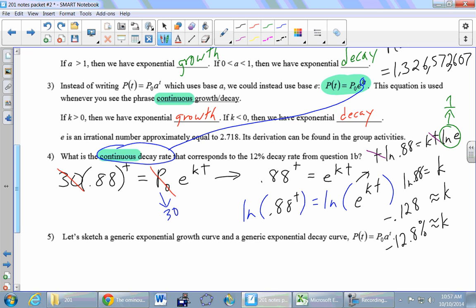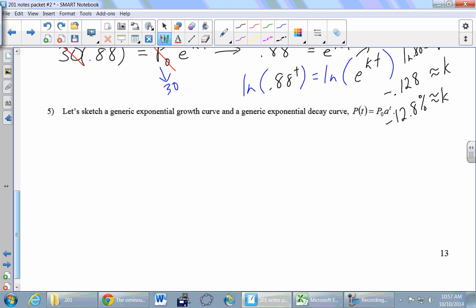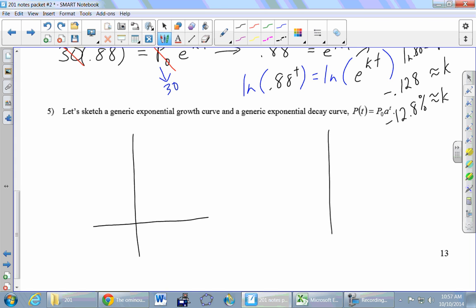Okay, and then finally, before the activity is number 5 here. Let's go to Levi. Let's sketch a generic exponential growth curve. So we're just going to draw generic exponential growth.